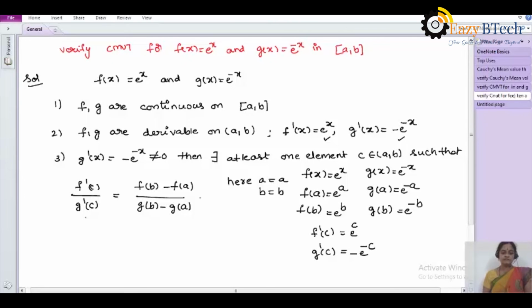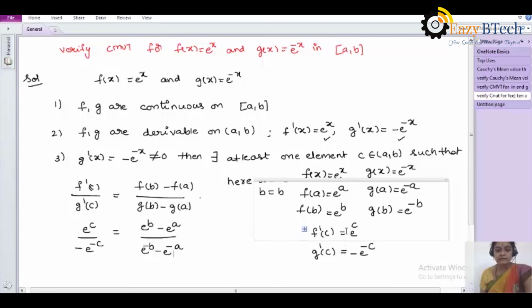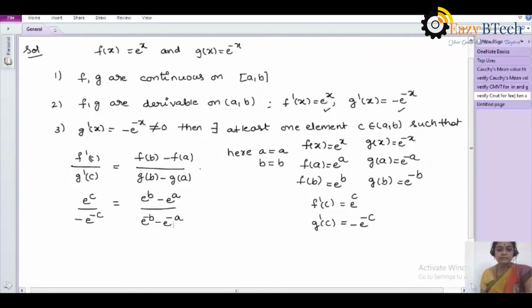Substitute all values. f dash of c by g dash of c is e power c by minus e power minus c, equal to f of b minus f of a by g of b minus g of a, that is e power b minus e power a by e power minus b minus e power minus a. Substituting all corresponding values in Cauchy's mean value theorem main formula.